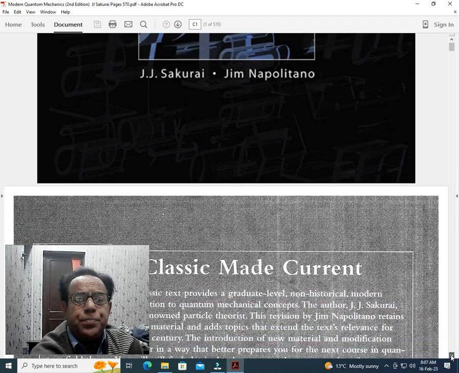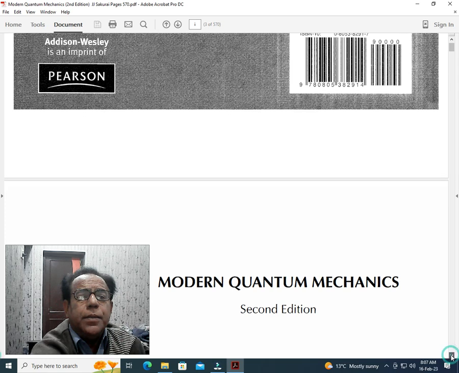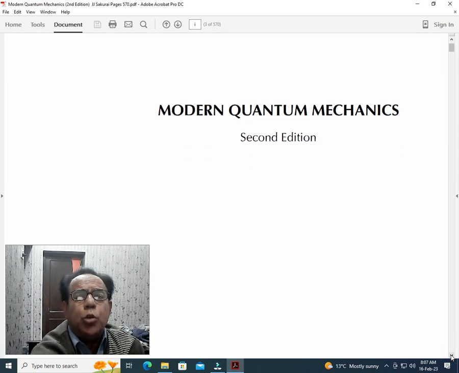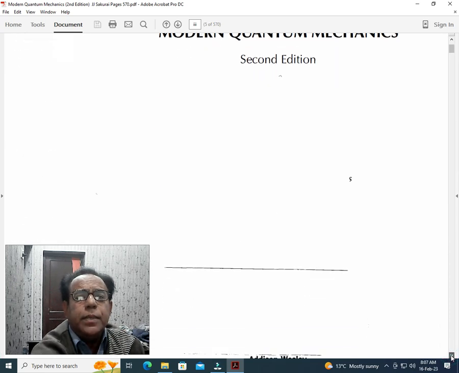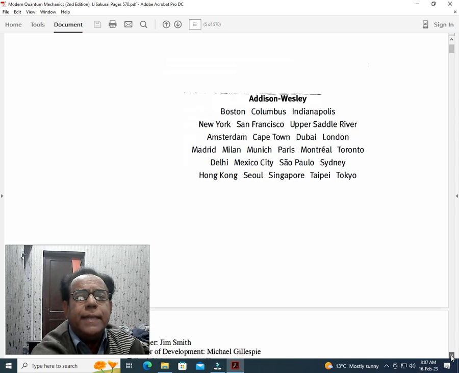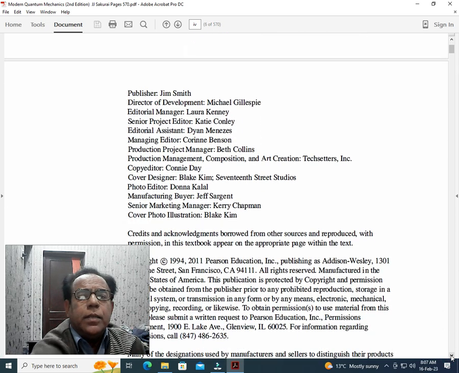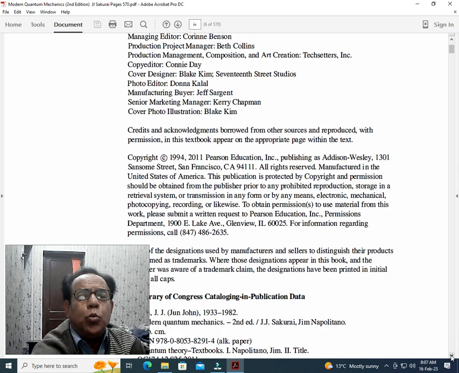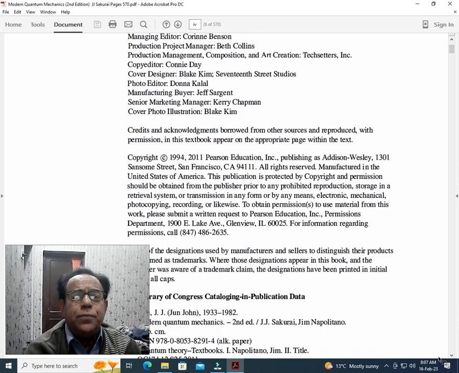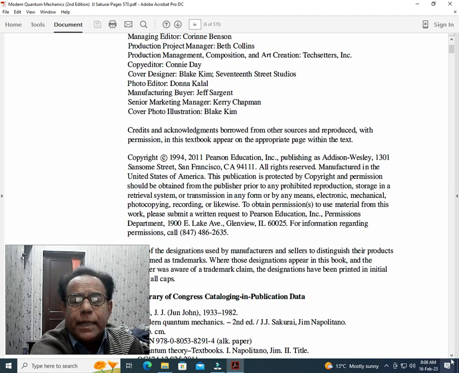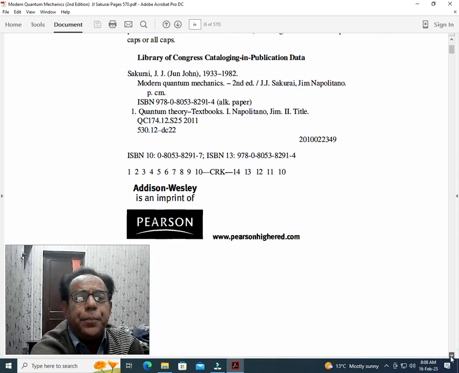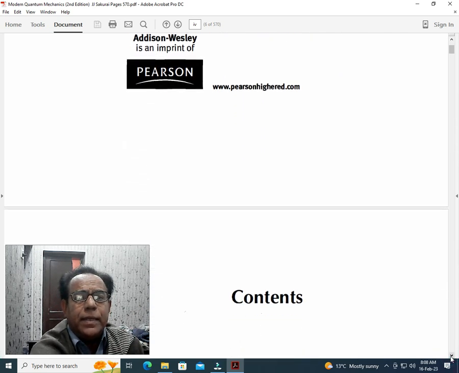Pearson is its publisher. Modern Quantum Mechanics, second edition, Addison-Wesley. Now we see when this book, okay, yes, copyright 1994, 2011. It means its first edition was published in the year 1994, while this current edition, second edition, was published in the year 2011. Okay, Pearson, Addison-Wesley.